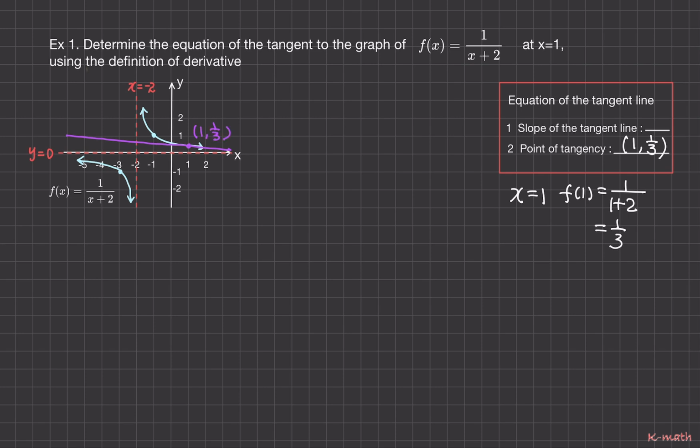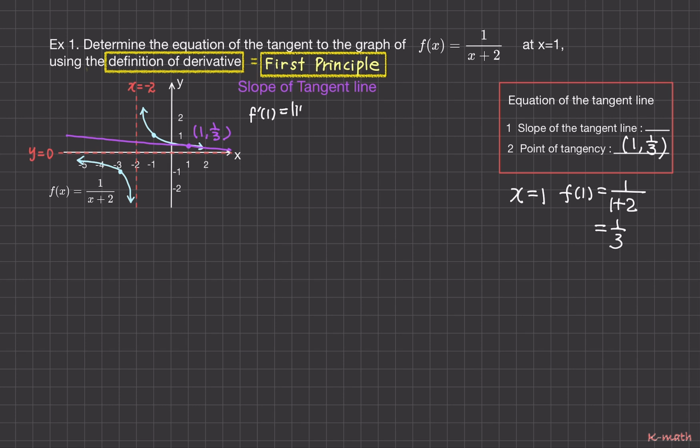Now, let's try to find the slope of the tangent line at this point. The slope of the tangent line, we write that as f prime of 1. We will use the definition of the derivative, which is also called the first principle. And this is defined as the limit as h approaches 0 of f of 1 plus h minus f of 1, divided by h.